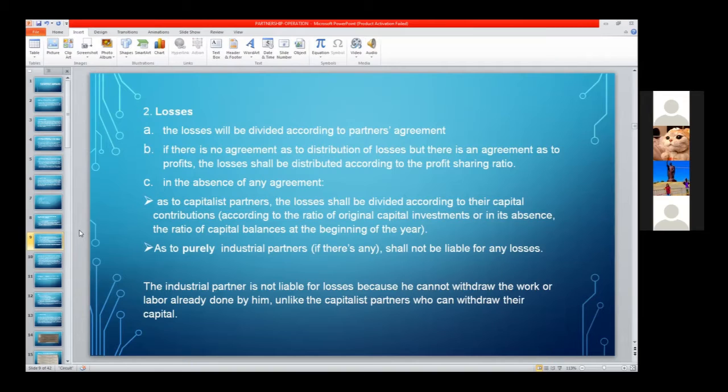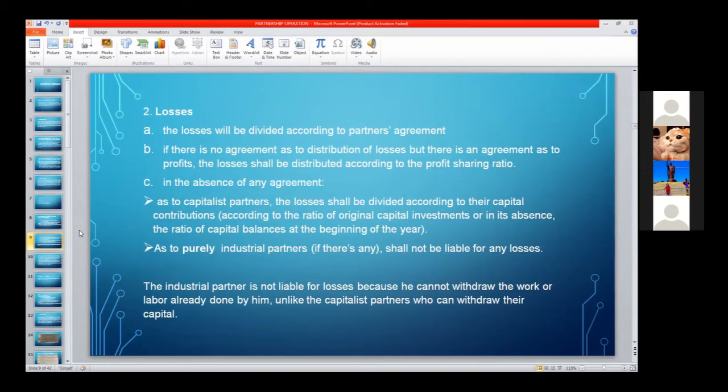What if ulit may industrial partner kayo? Paano yun? Mag-share pa ba siya sa loss? Ang sagot po is hindi na. Bakit? Kasi yung industrial partner po ay hindi kayang i-withdraw or mabawi yung labor na naibigay niya, unlike sa capitalist partners na pwedeng i-withdraw yung capital nila.